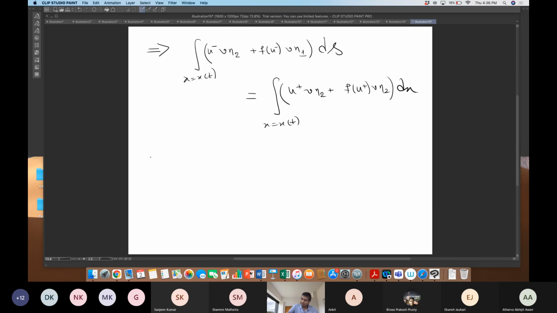Okay? So this holds for every v in C_c infinity of R cross (0, infinity).